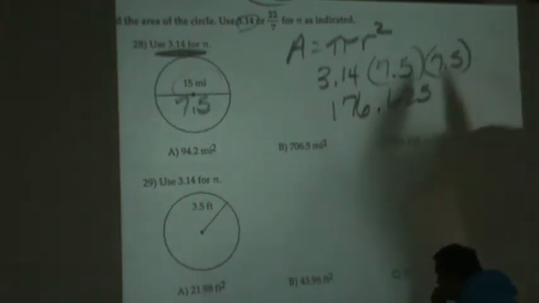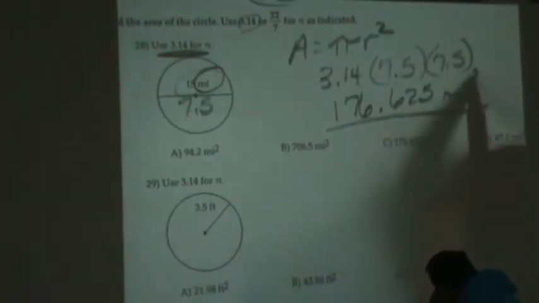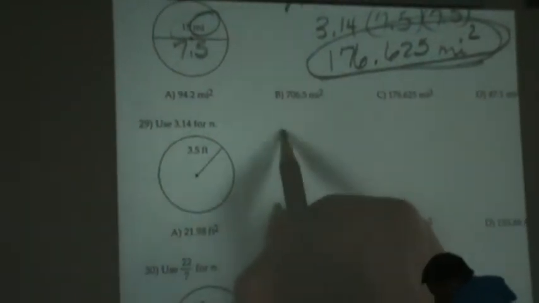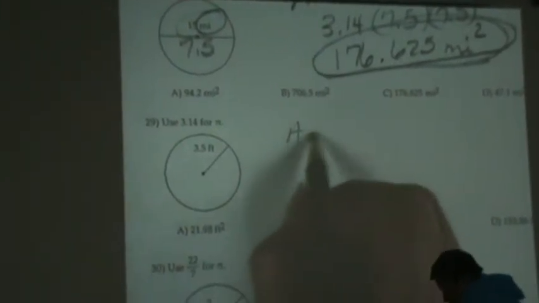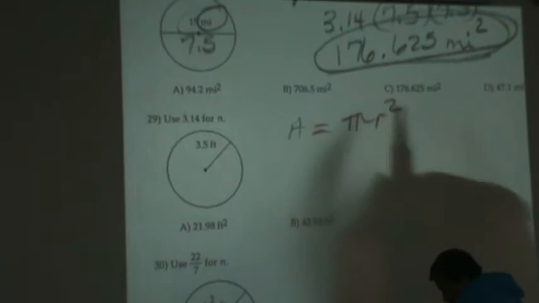176.625. What's the units? Miles squared. Miles squared, right. Area squared. Okay, again, area is Pi r squared.